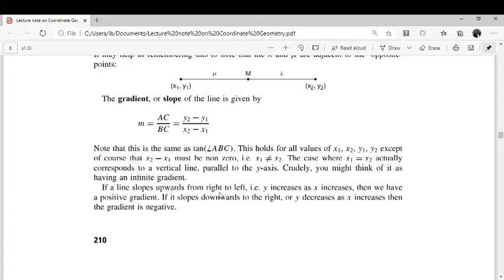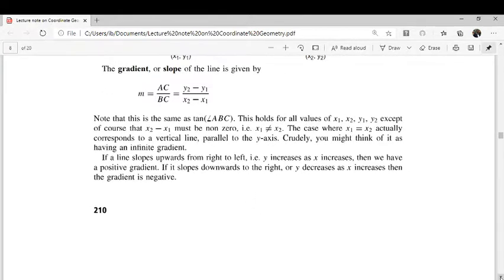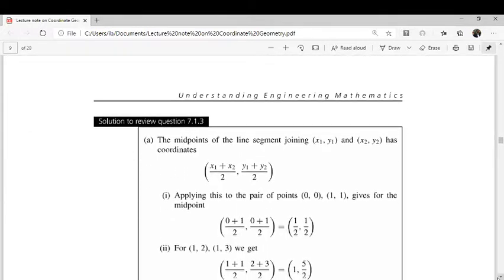Such a slope is positive. But when the slope is moving downward, we are saying that y decreases as x increases. Such a gradient is negative.